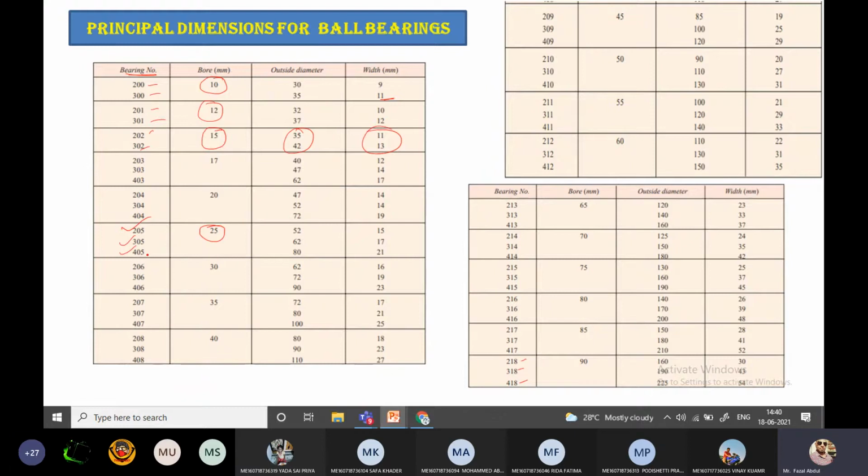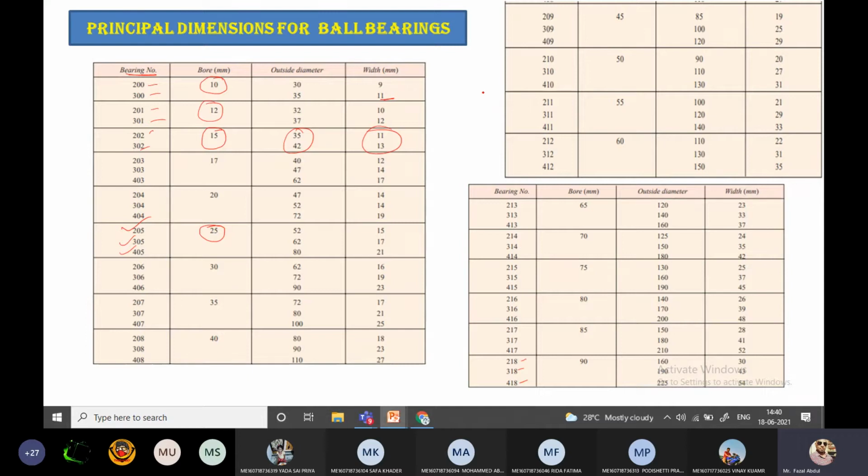Among these three, which one is suitable for our applied load, we are going to discuss in further problems. This table is very important to select the bearing series suitable for the given problem.